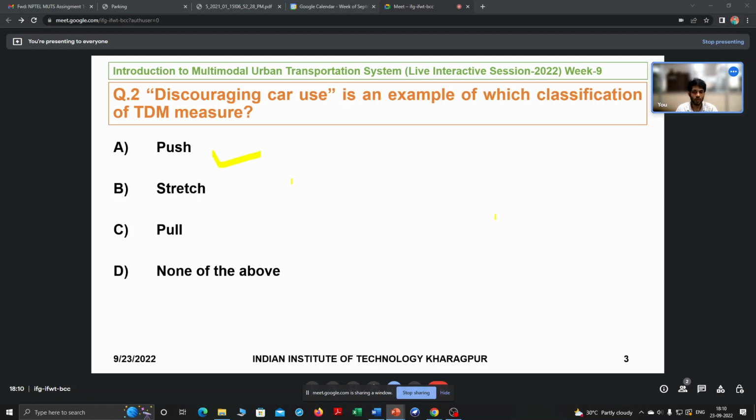Maybe some people will use it out of attraction to the system that you provided, but it may not be sufficient. That's why you need a push measure also. You need to negatively penalize them.